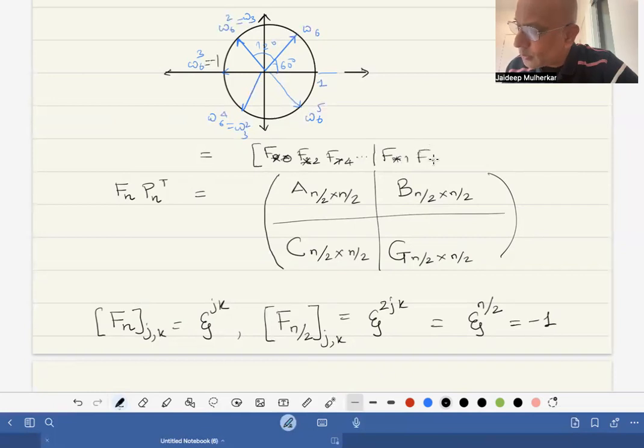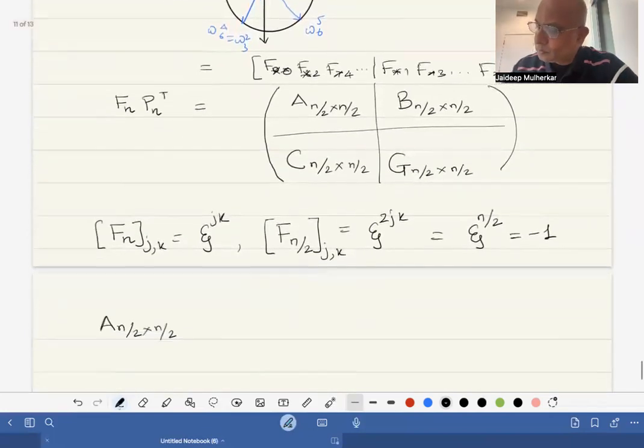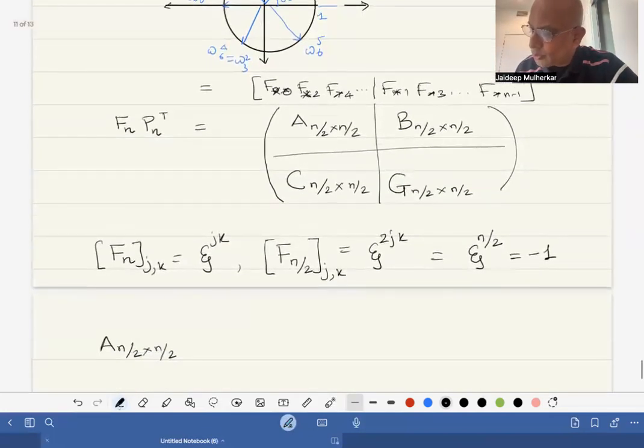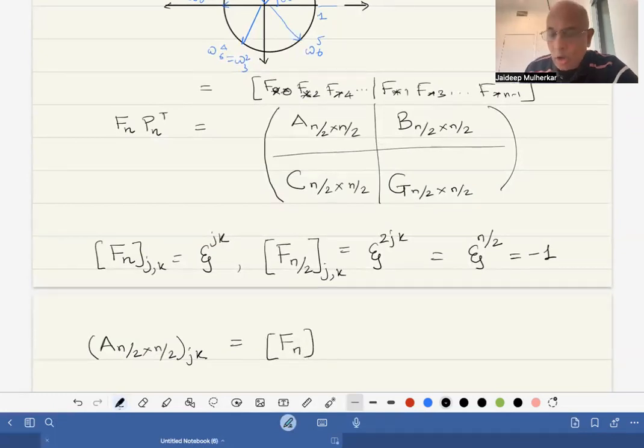Then F star 1, F star 3, and so on, up to F star n minus 1, right? So if I take the jkth element of this, then this is going to be the jkth element of Fn. But now the columns are all even.